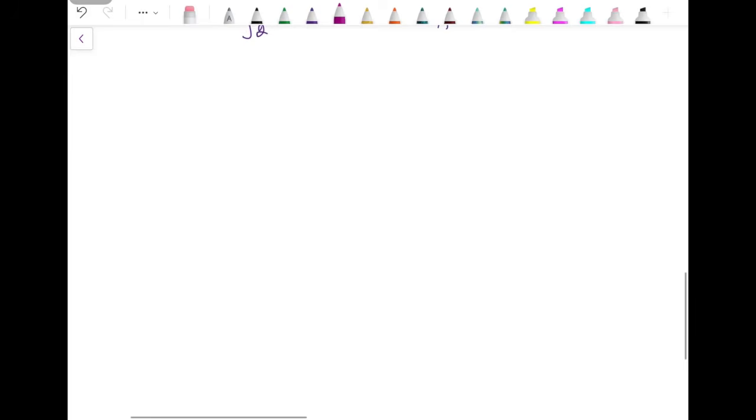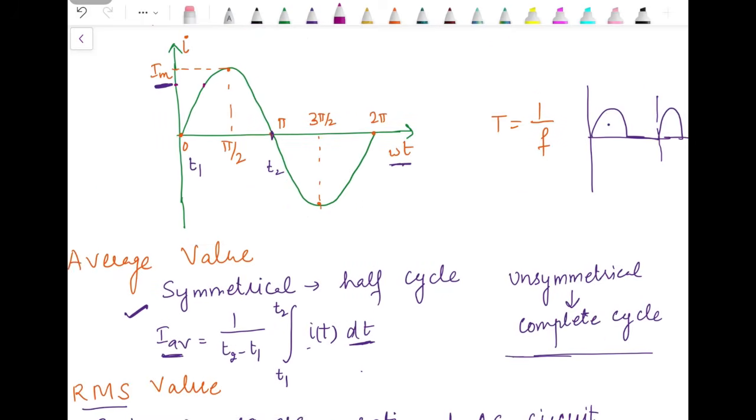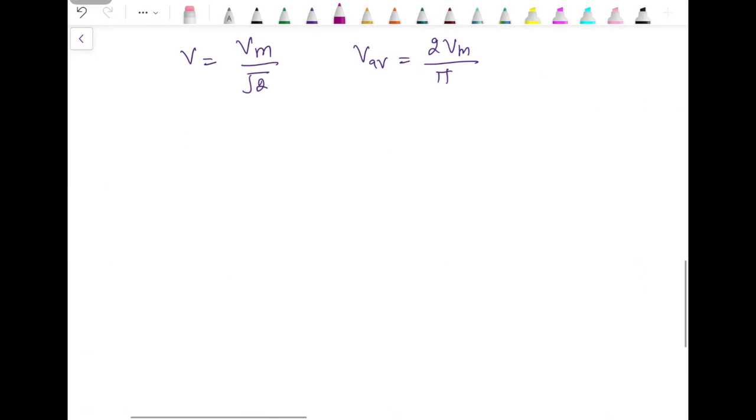Then in case of AC circuits, what we have seen is that we have a waveform. Instead of representing these with waveforms, they are usually represented with the help of phasors. Now in case of phasors, when we talk about any AC circuit, we have to draw the phasor diagram.